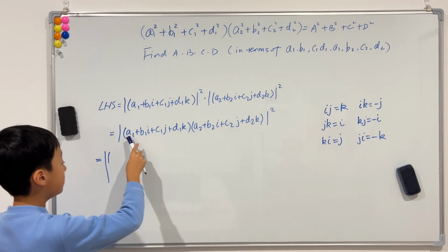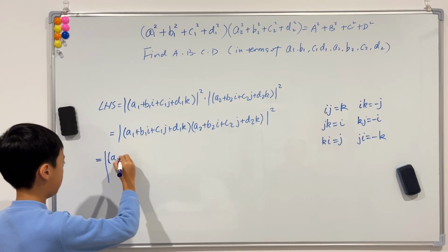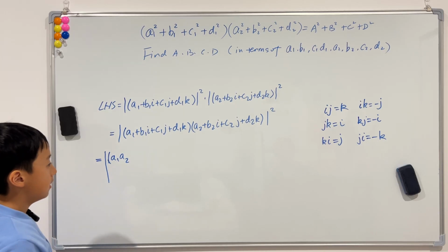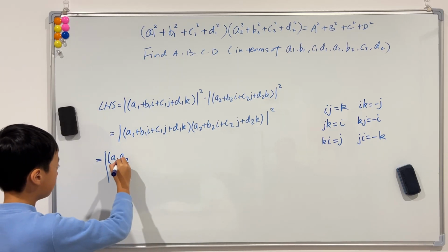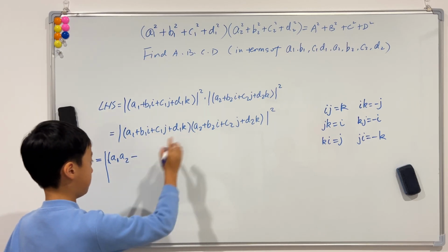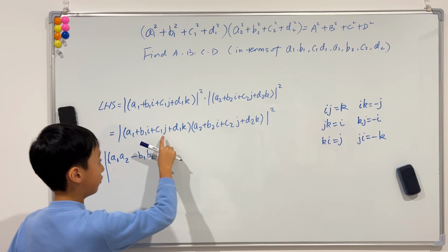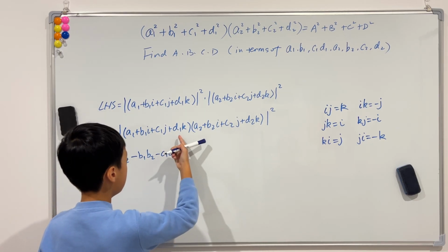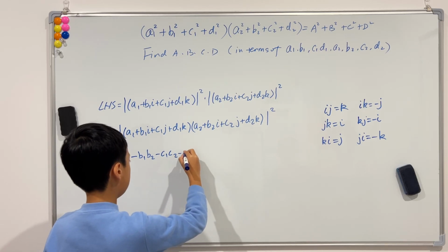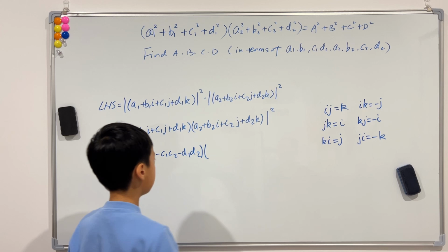So the easiest one is A1 times A2. A1, A2. And then, like complex numbers, I times I is equal to -1. So it will be negative B1, B2. Then, likewise for the J's, so negative C1, C2. Same logic for the D's, D1, D2. So this is it for the real section.